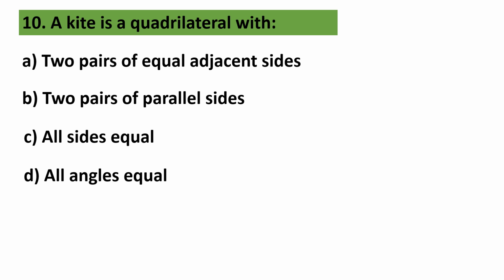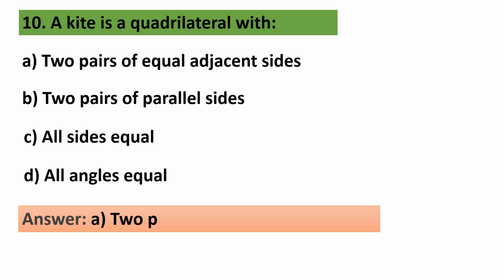Answer is two pairs of equal adjacent sides. Adjacent sides इक्वल होती हैं, kite में adjacent sides इक्वल होती हैं.